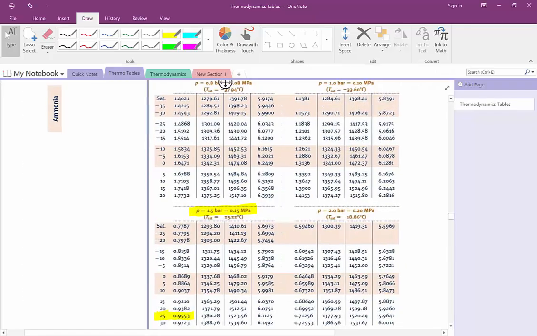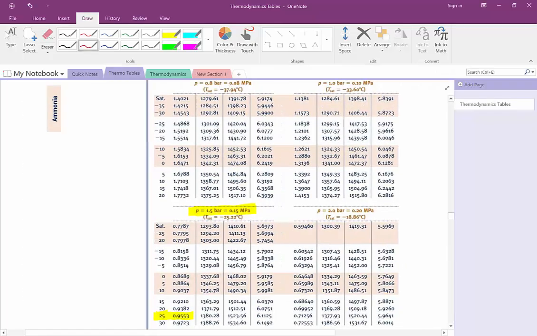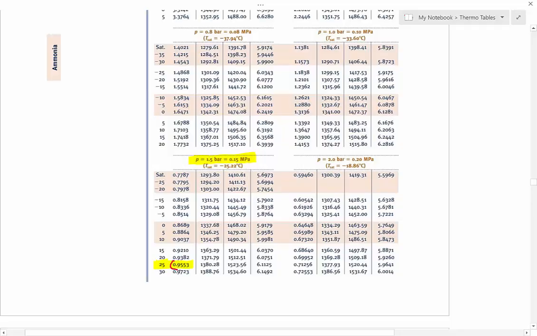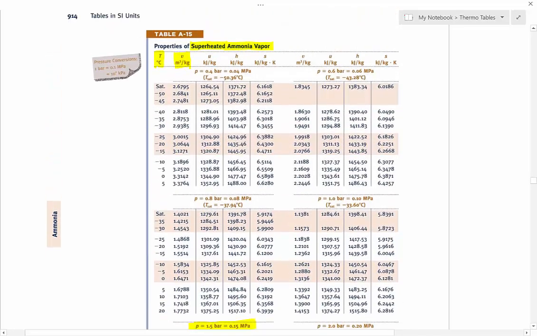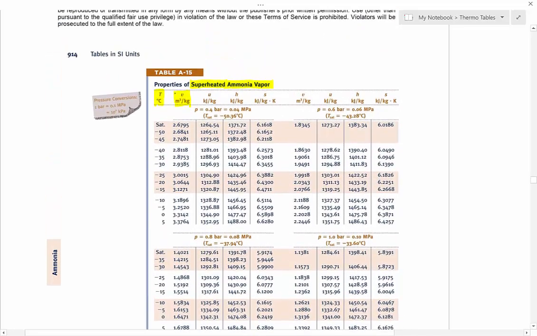So my solution for nu will just be this number. At 25 Celsius and 1.5 bar, the corresponding specific volume nu is 0.9553. And never forget the unit. If you don't remember the unit, you can always go to the top of the table and it shows you the unit. Cubic meter per kilogram.